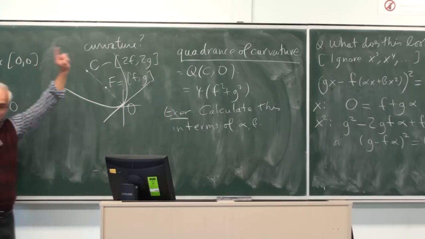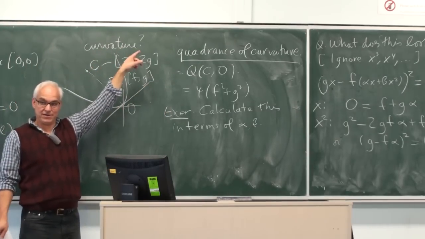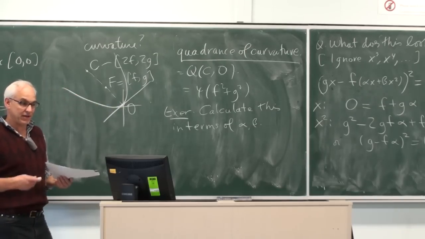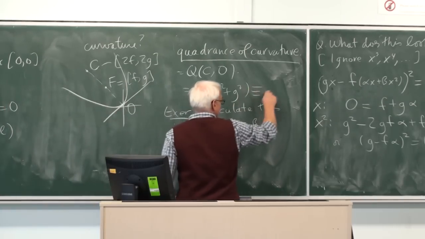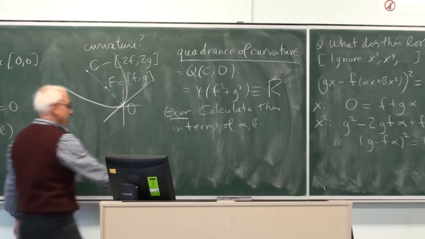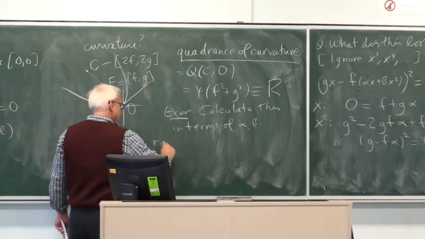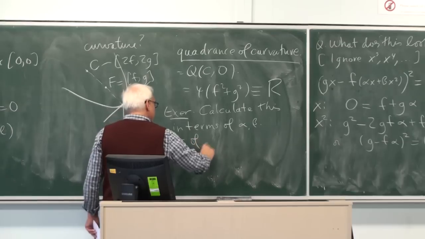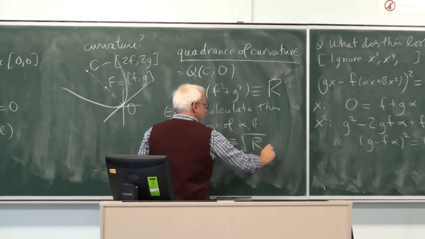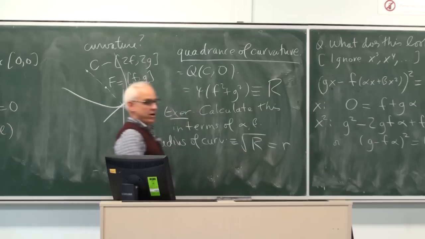Notice that we're getting the quadrance of the curvature and not the radius. If we want the radius of curvature, we have to take the square root. So let's give this a name. Let's call it R, for sort of quadrance of the curvature. And then the radius of curvature would be equal to the square root of R, which is, let's say, little r.